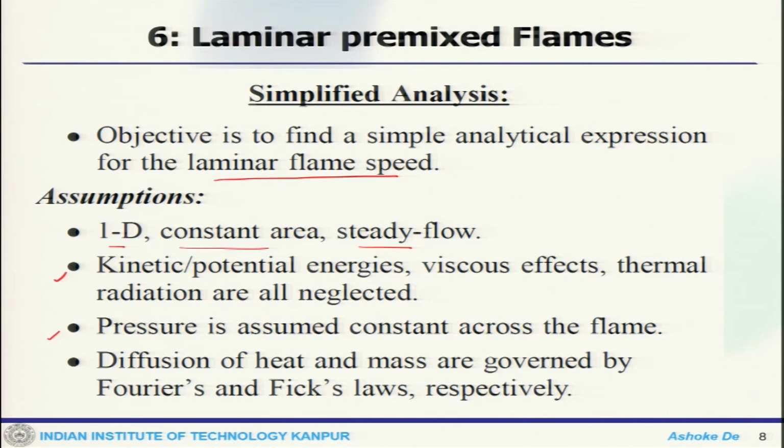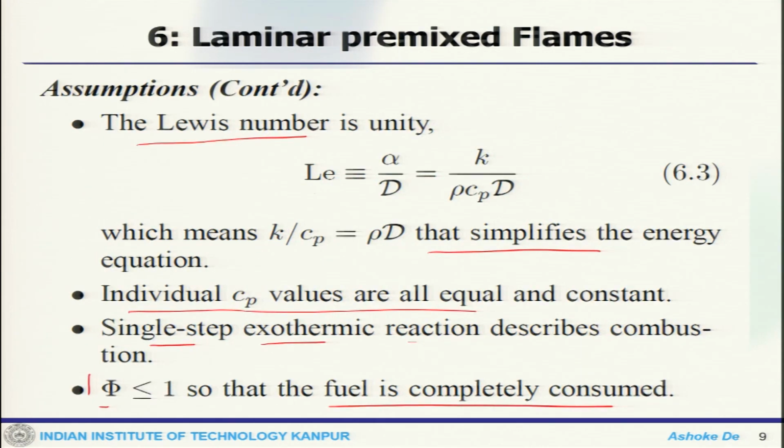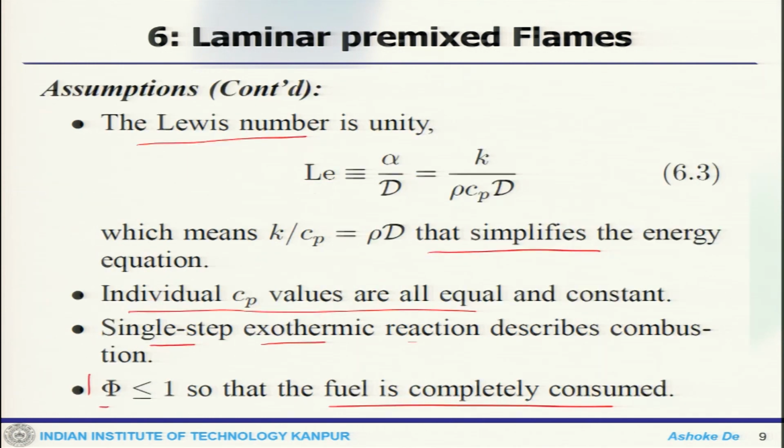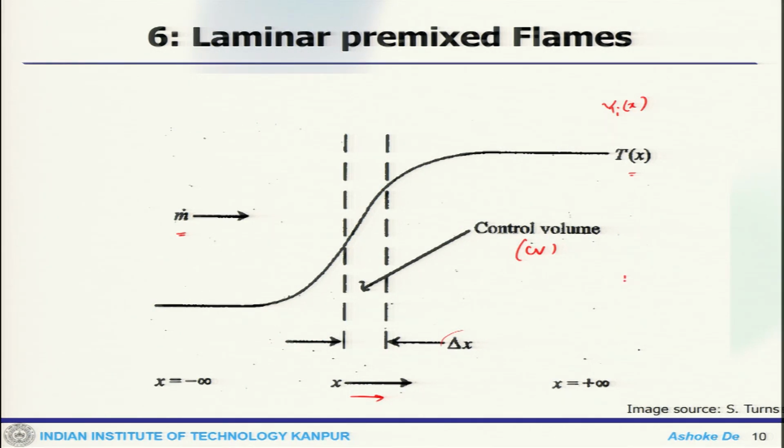So, the important conclusions are: it is 1D constant area steady flow, and any kinetic and potential energy are neglected. Thermal diffusion and mass diffusion are occurring at the same rate, individual Cp values are equal, and the reaction is one step global kinetics.